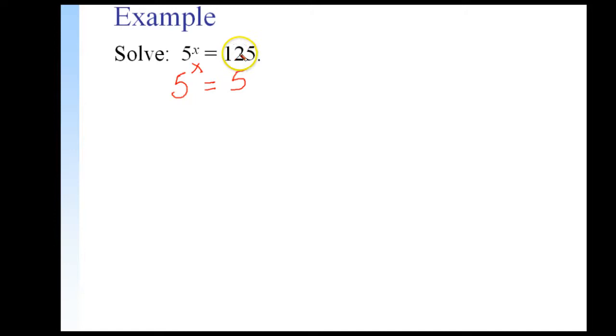If you recognize it, this is a perfect cube. It's 5 to the third power. So now that our bases are the same, we just say x equals 3. And that was the technique we used to solve it.